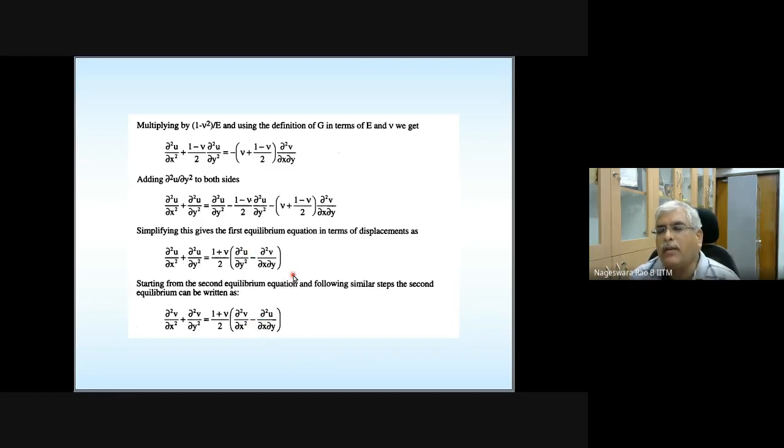And using these two equilibrium equations, if you want to develop the element equation system, you need to use both these equation systems. And then you apply variational method or Galerkin method and develop the element equations. We'll see how to do that. So please take a note of these two equations.